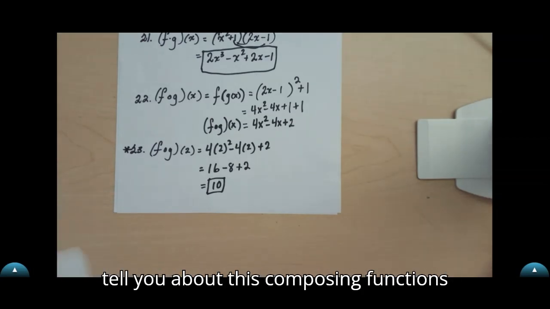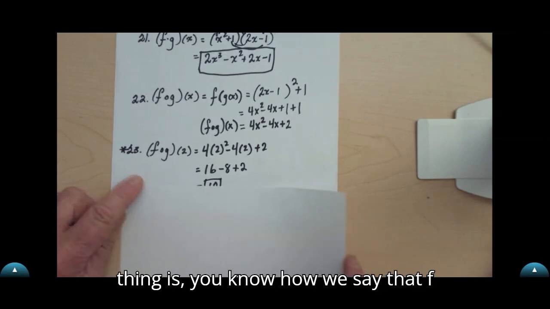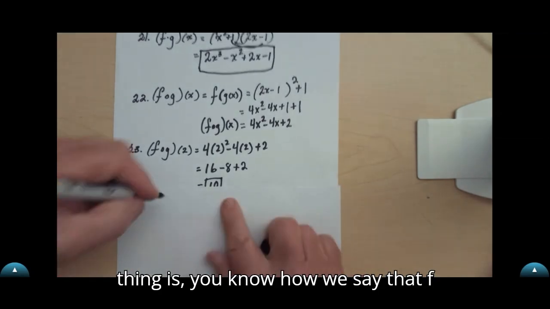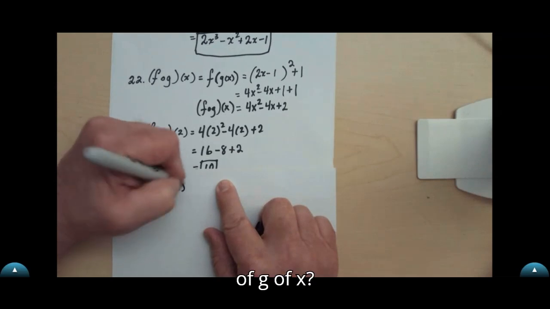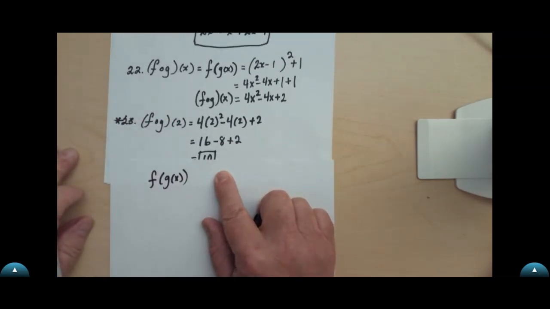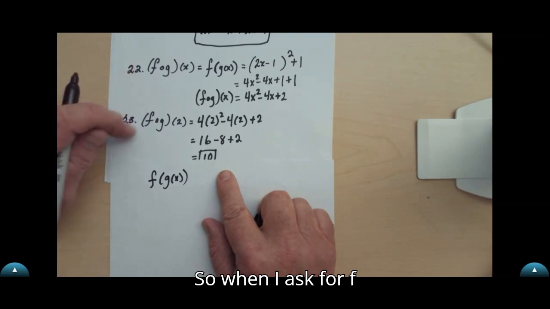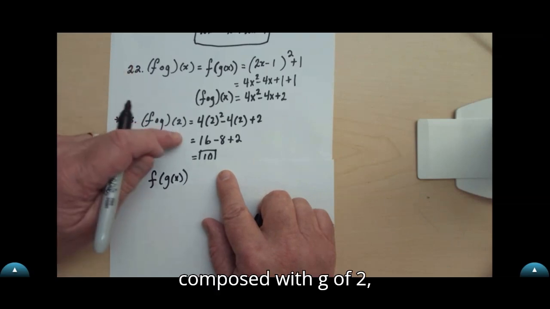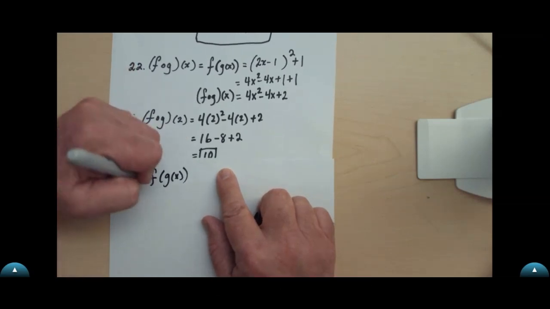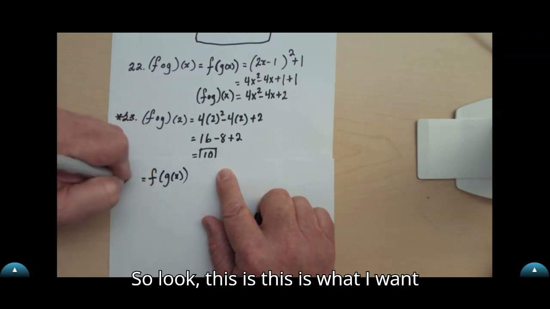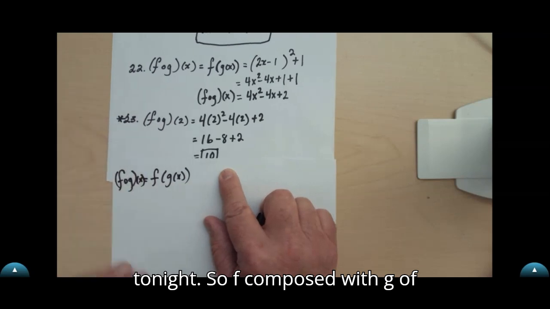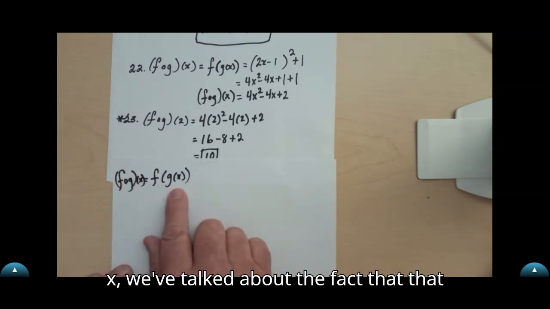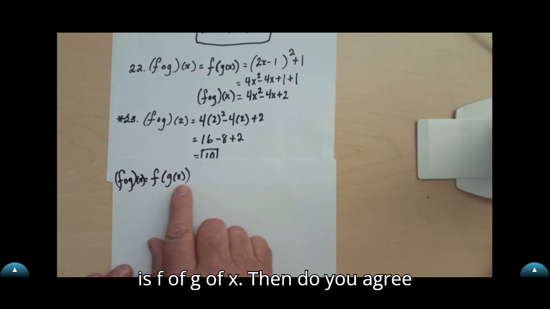What I wanted to tell you about this composing functions thing is, you know how we say that f composed with g of x is literally f of g of x? So when I ask for f composed with g of 2, this is what I want y'all to see as our last thing tonight. f composed with g of x, we've talked about the fact that that is f of g of x.